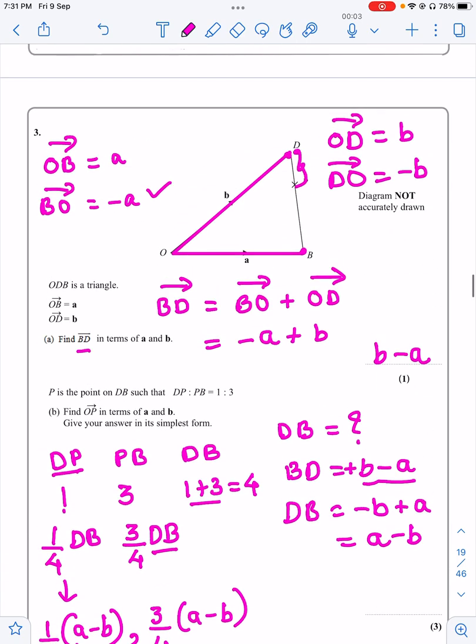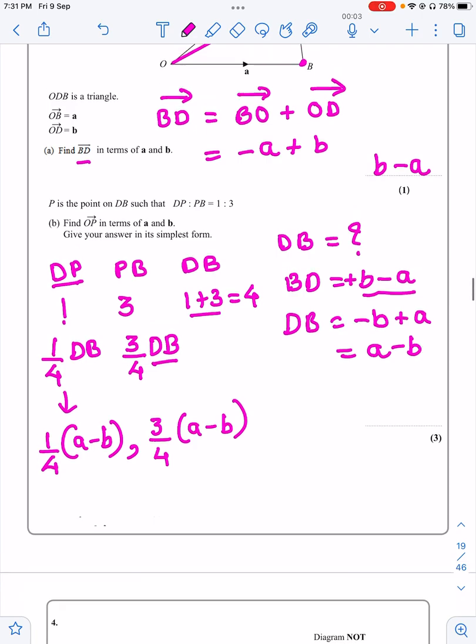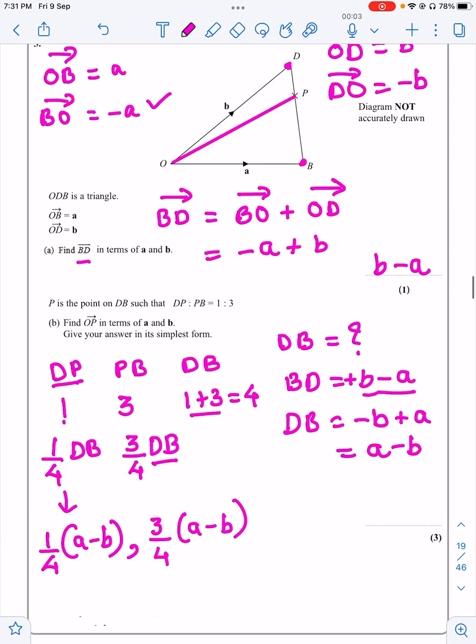Now look here what they are asking. They are asking the value of OP. So I first join the line O to P. Now I have to go O to P. So what I will do? Again, as I said, I will always write the path.